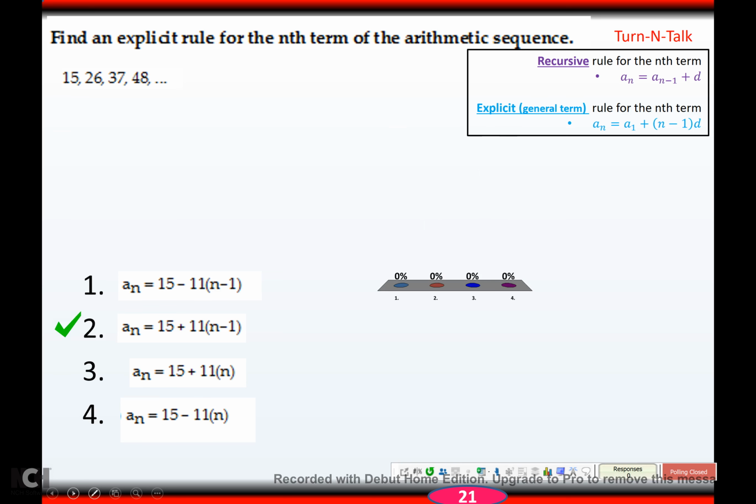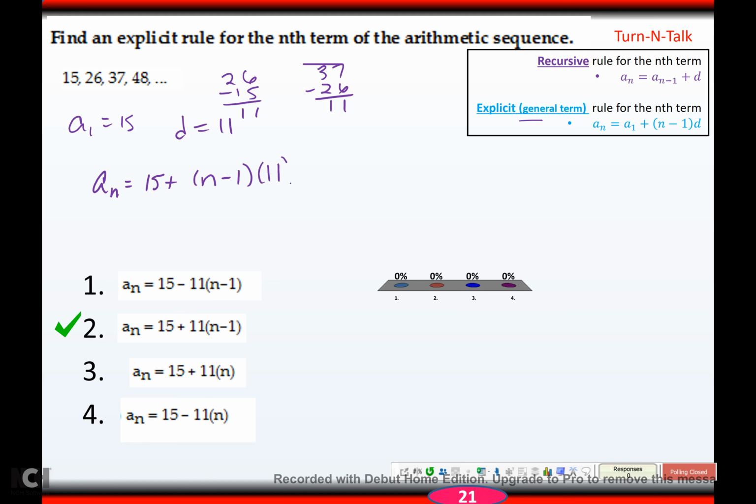Alright, so to find a general term, you need A sub 1 and D. So A sub 1 is 15. To get my D, 26 minus 15 is 11. 37 minus 26, yep, D is 11. So if I plug those in, A sub n equals 15 plus n minus 1 differences.